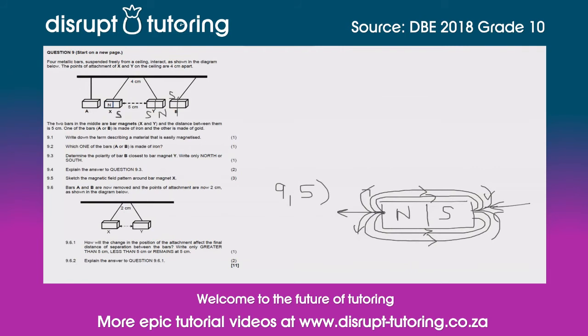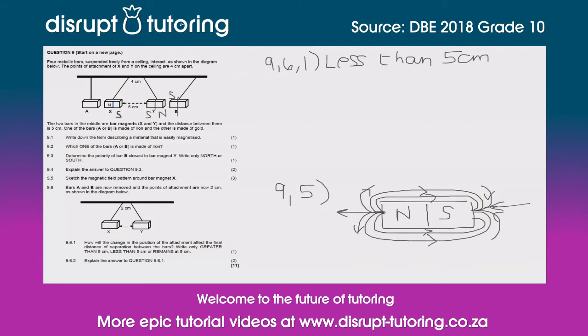So let's just write it down here so we know, 9.6.1: less than 5 centimeters. And why is that? So 9.6.2 asks us to explain that. So we can just think about this.